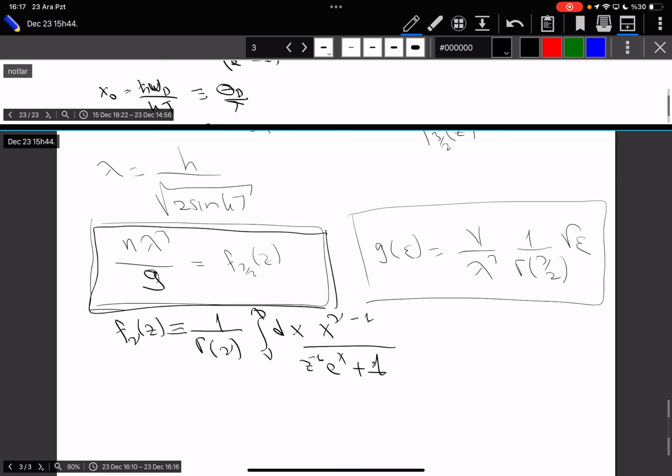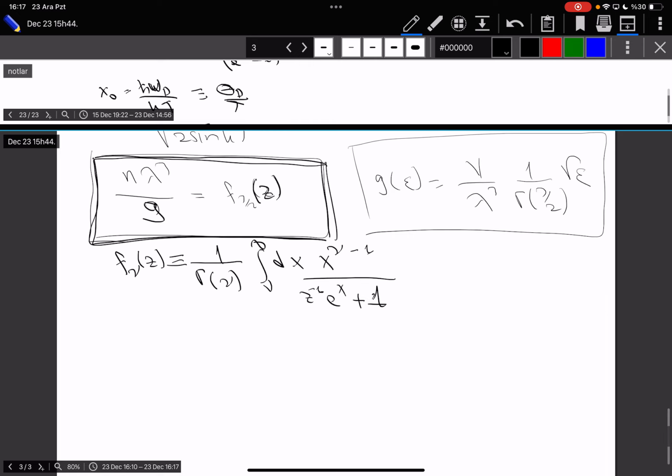So this is one of our expressions. And in fact, we have to solve that equation for z. But before trying to solve for z, let's calculate the other quantities.